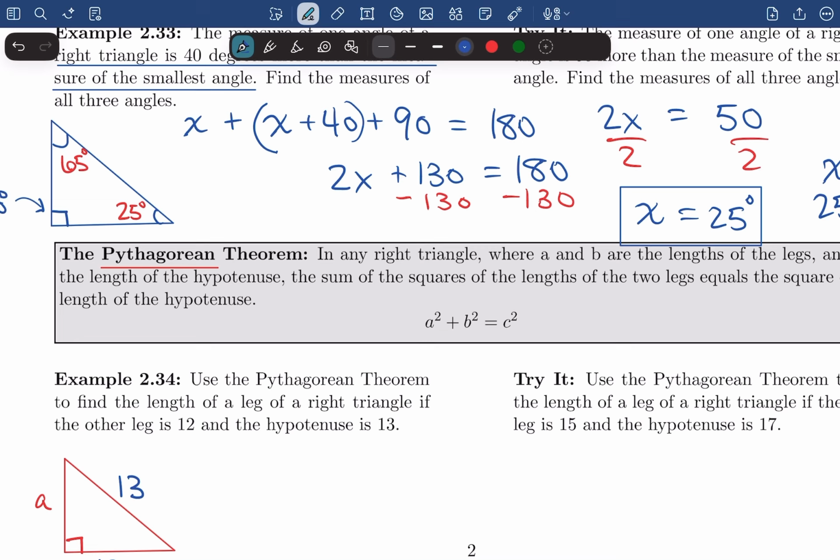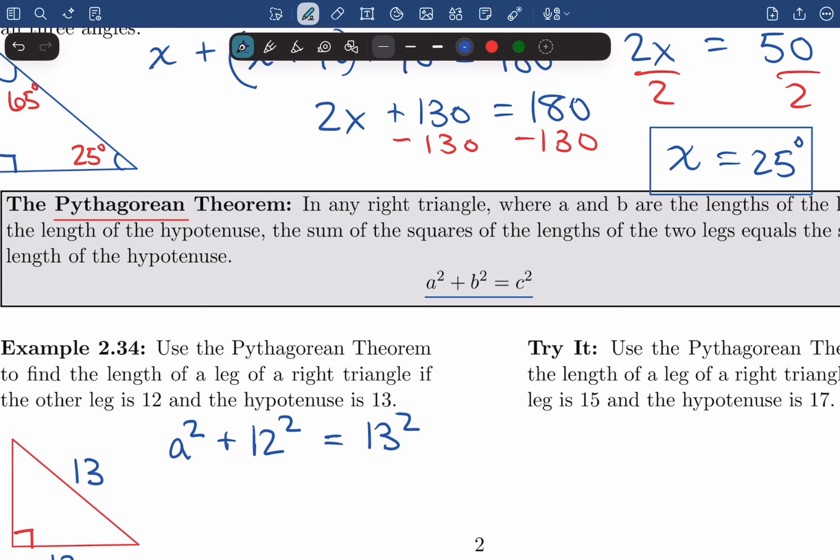Now they want me to find the length of side length a in this right triangle. So I'm going to use the Pythagorean theorem now. So let's use this formula. So I'll say a squared plus 12 squared equals 13 squared, like that. All right, now I can solve for a.